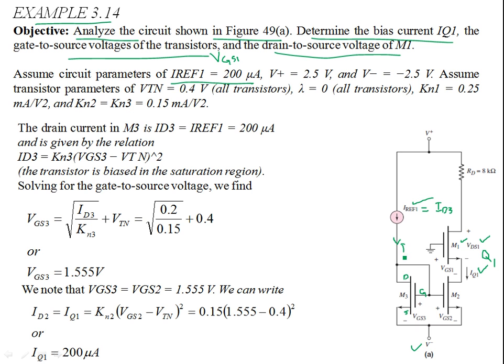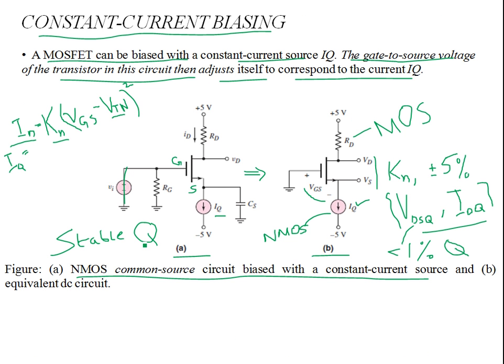Now if you recall in the previous example, there was an example in the previous videos where we discussed how using a constant current source to bias the transistor helps stabilize the Q point for a given variation in the conduction parameter. The transistor was operated in the saturation region. Why is it operating in the saturation region?